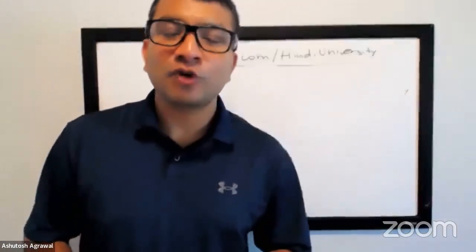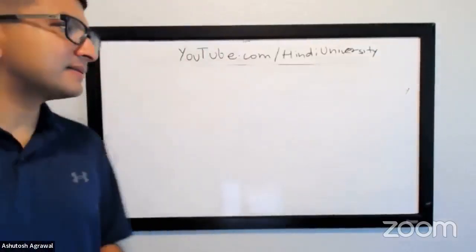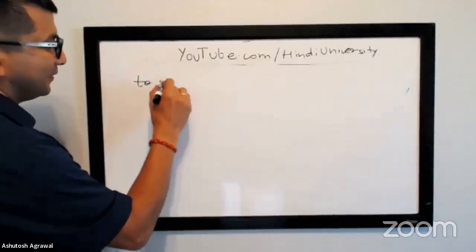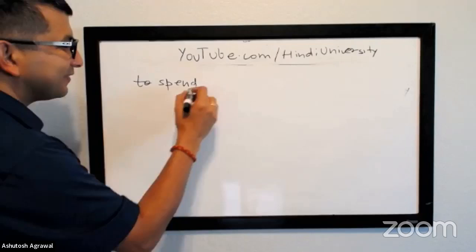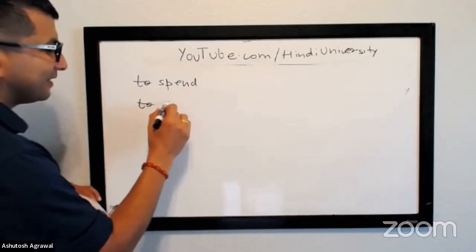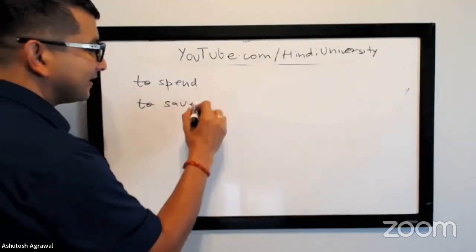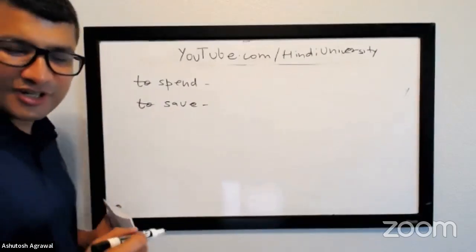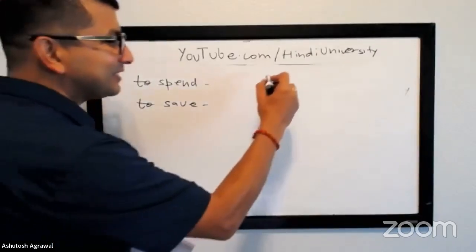No, good, good. What's the verb here? To spend is... Paisa udana? Can you use that? Udana is a little bit more informal. To spend and to save. Nope, I'm blanking totally on this.